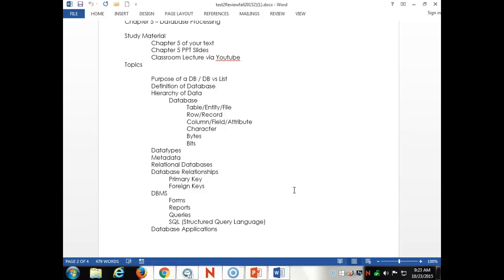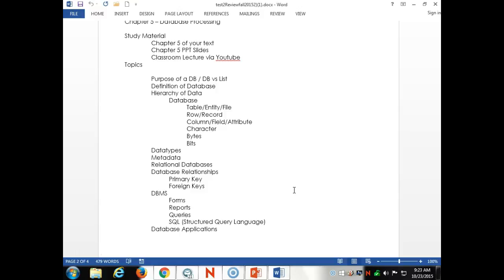We defined these fields when we built the table. Those fields are made up of characters. If her GPA is 3.98, 3 is a character, the decimal point is a character, 9 is a character, and those characters are made of bytes and bits. Bytes and bits go down further levels, but we really only talked about up to the character level.